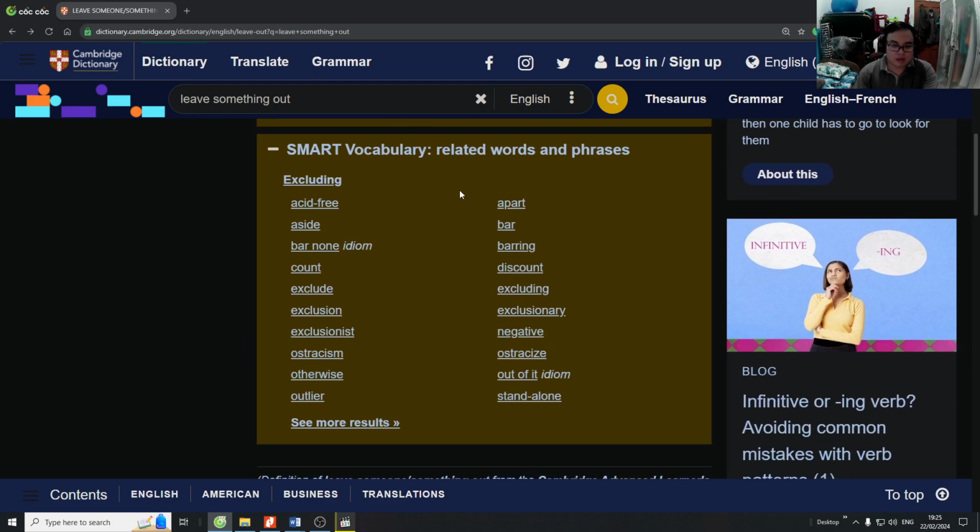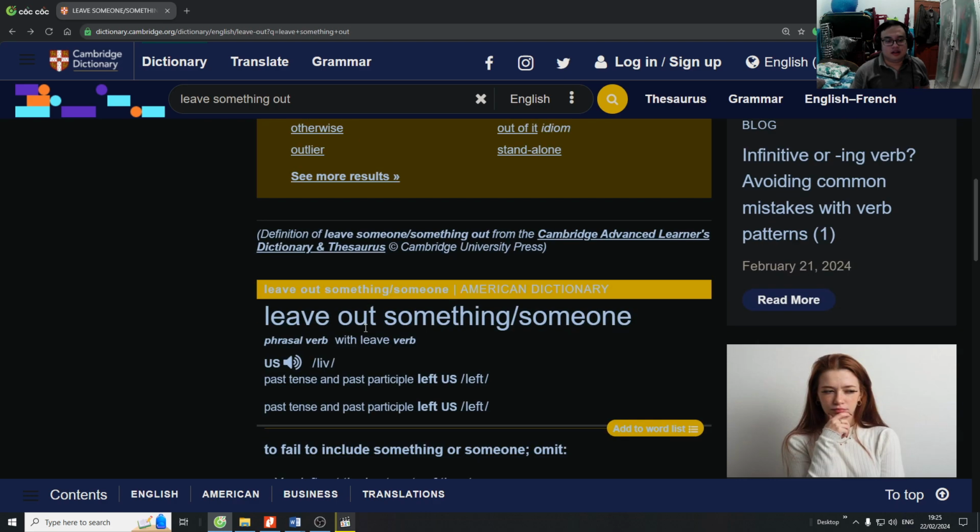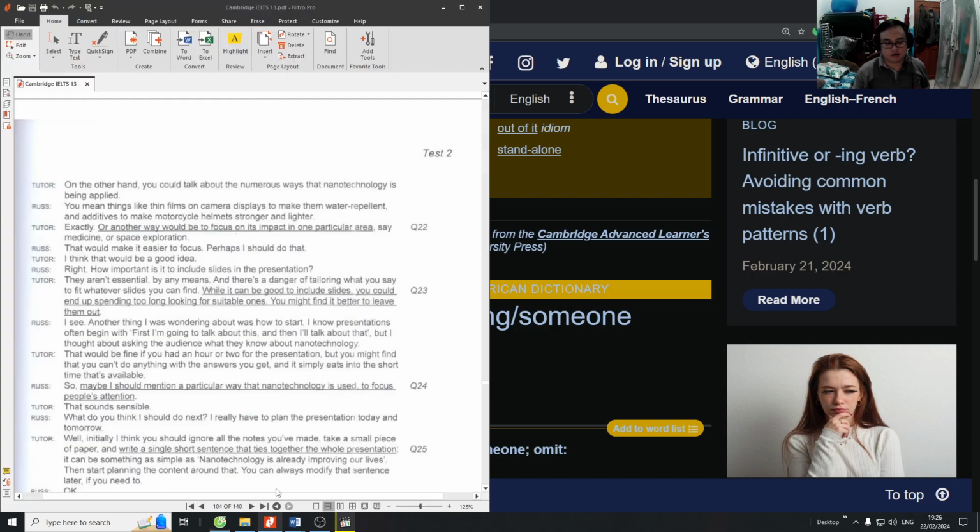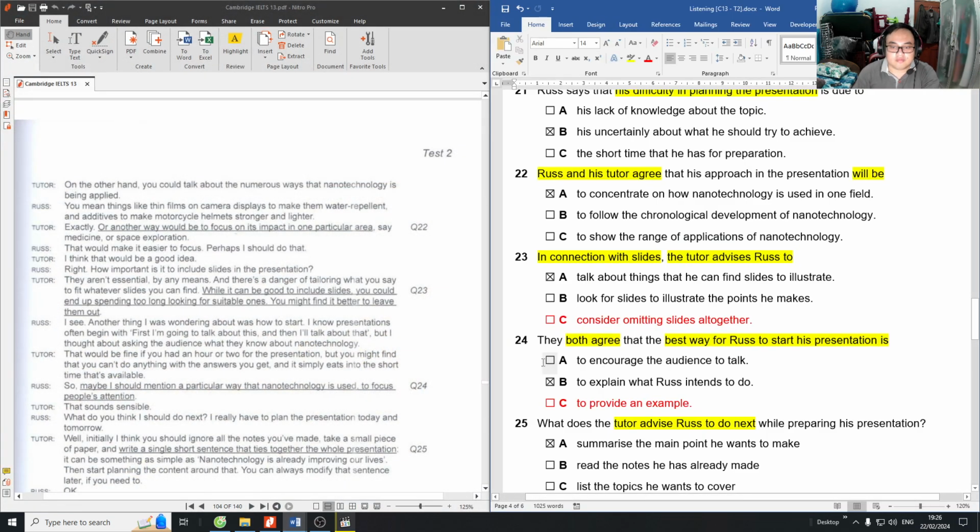In a smart vocabulary, it doesn't include the word omit here. So actually, they're not really considered as synonyms, but they should be called paraphrases. They are paraphrases of each other.